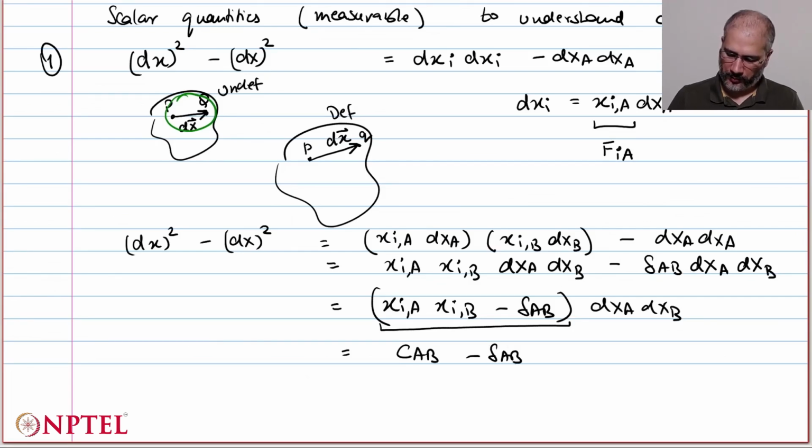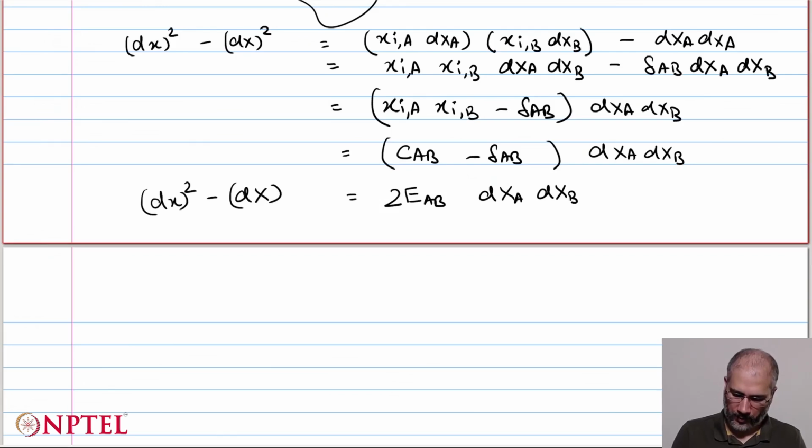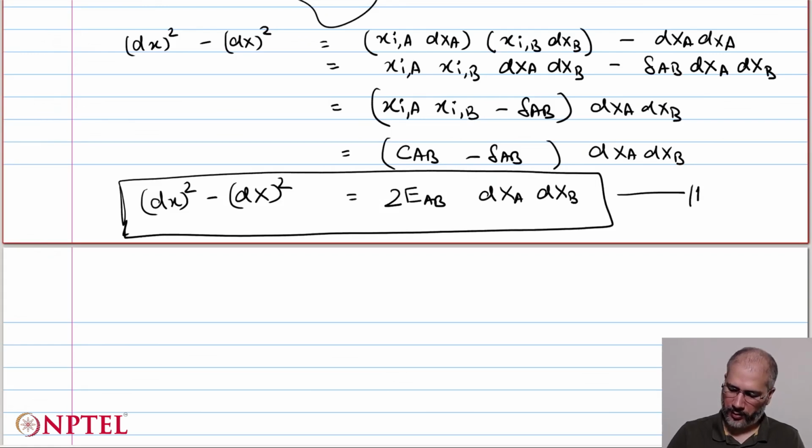So basically, this quantity xi comma a times xi comma b is called CAB, and then we have dxa times dxb. And further, we'll write this as the quantity twice EAB times dxa times dxb. I'll box this and also give it a number 1.